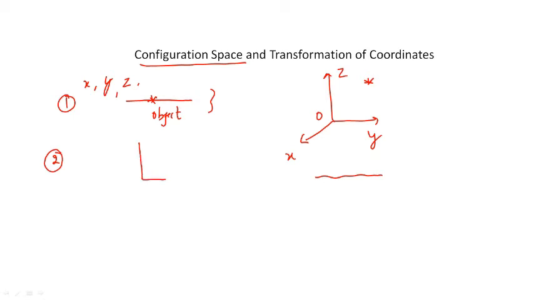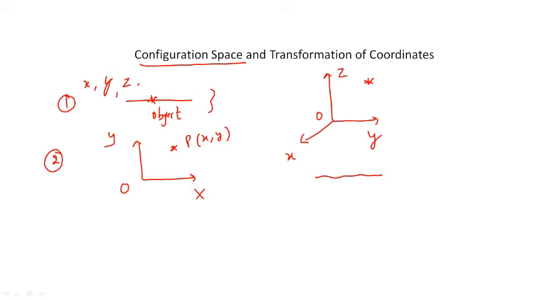Now suppose there is a two-dimensional space, with an x-axis, a y-axis and an origin, and there is a point P in this space. You know that in the Cartesian coordinate system this point will have two coordinates, x and y.